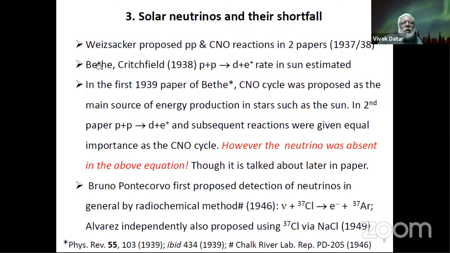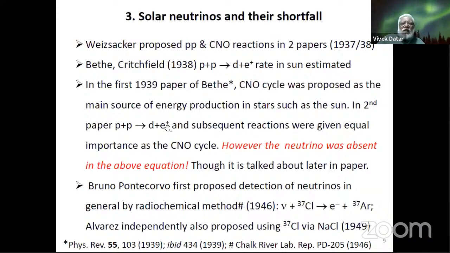But Bethe and Critchfield in 1938 proposed this reaction in the sun, and it was estimated to be very small. In the first paper of Bethe, the CNO cycle was proposed, as I've already said. This was supposed to be the main source of energy production. In the second paper, he proposed this.